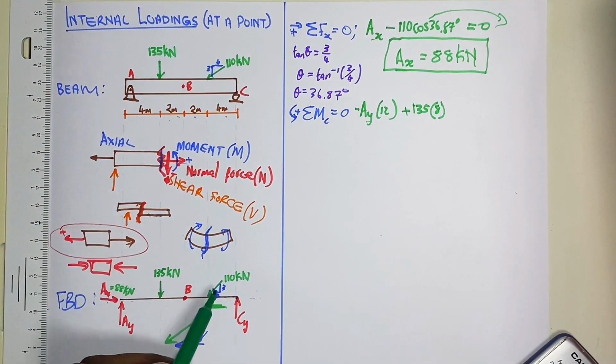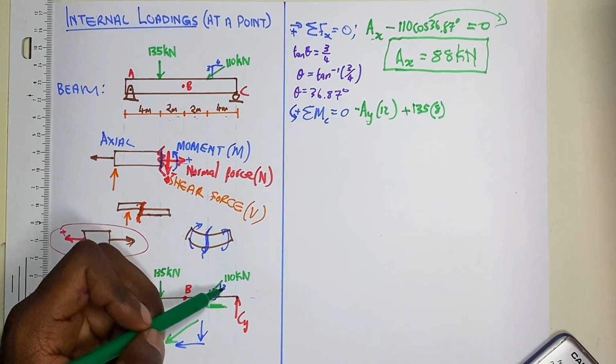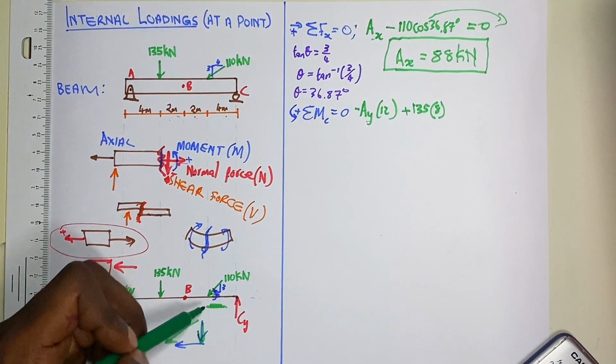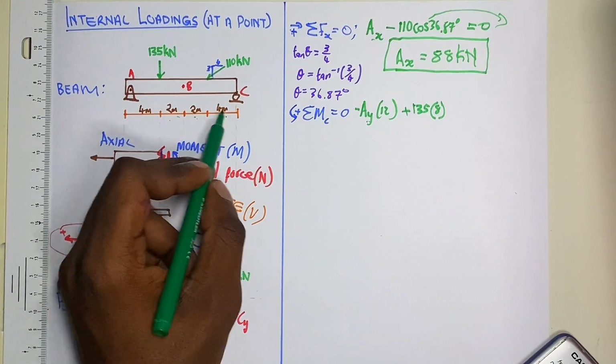Remember that not the entire 110 is causing that rotation, only the y component. The x component is acting across the point of rotation, therefore it doesn't cause any moment. So only the y component, and that y component will be acting 4 meters away.